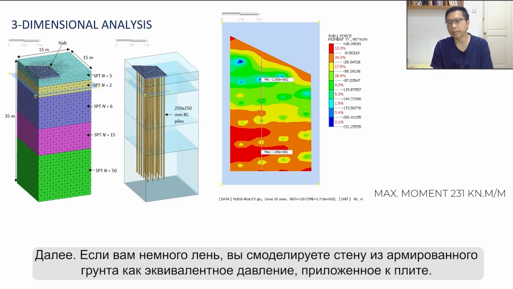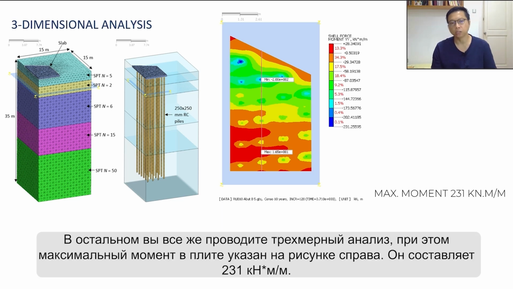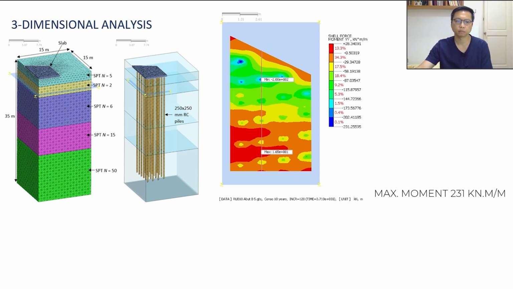Now, if you are a little bit lazy, you model the reinforced soil wall above the slab as equivalent pressure applied onto the slab. The rest, you are still conducting the three-dimensional analysis. And the maximum moment in the slab is given in the figure on the right. The maximum moment is 231 kilonewton meter per meter.